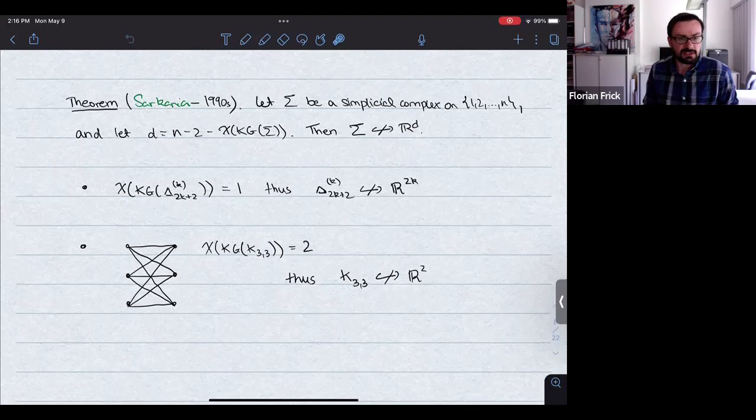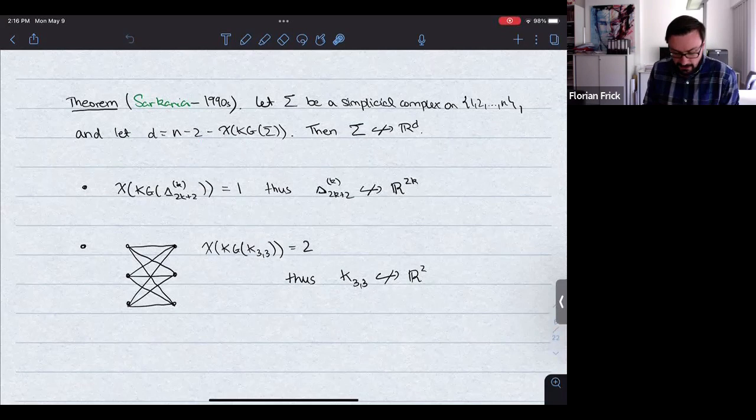Let me see. So for example, K5, we just saw K5. Chi of the Kneser graph of K5 was 1, we just agreed, and n is 5, and 5 minus 2 minus 1 is 2, so the complete graph on 5 vertices does not embed into the plane. That's good, that's what we want.